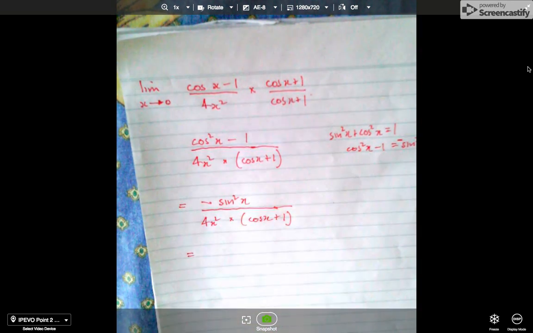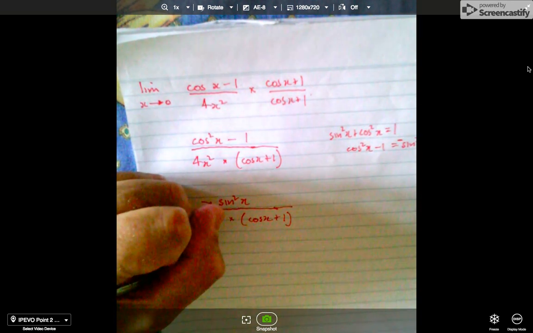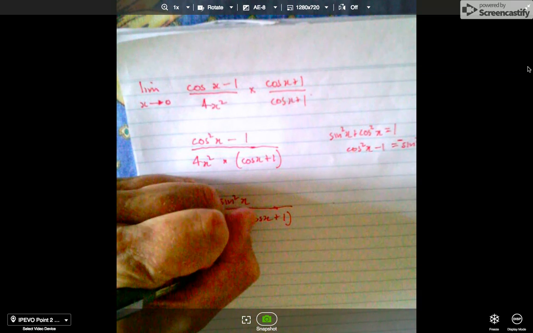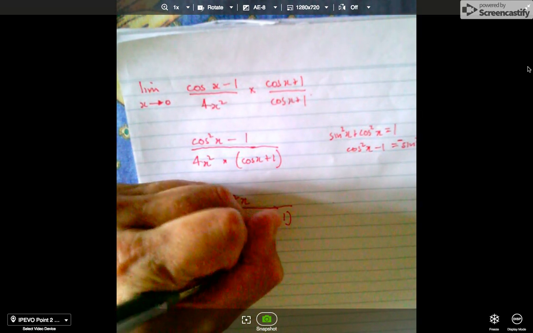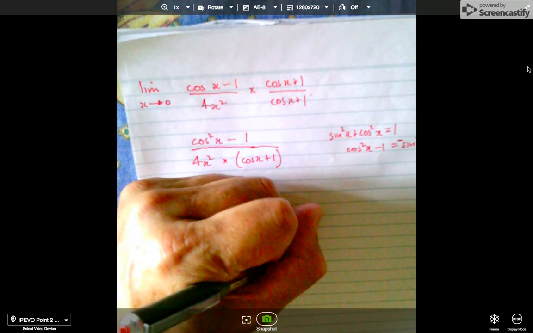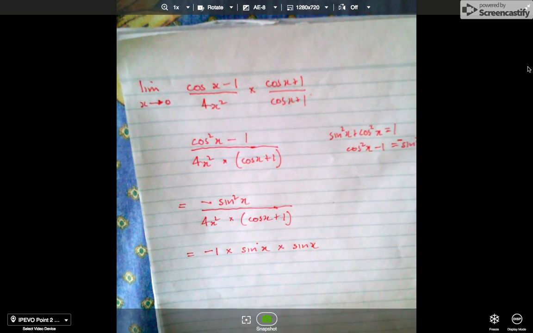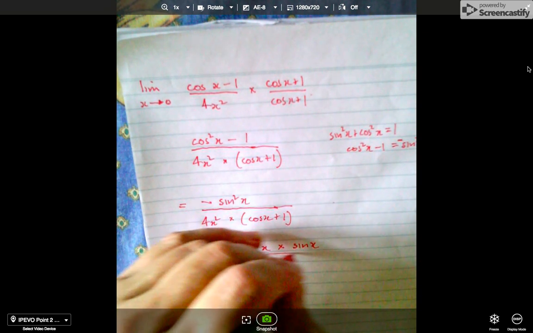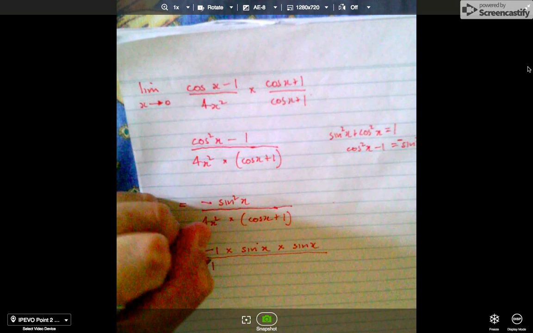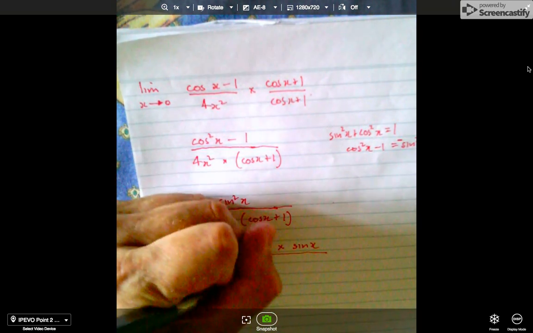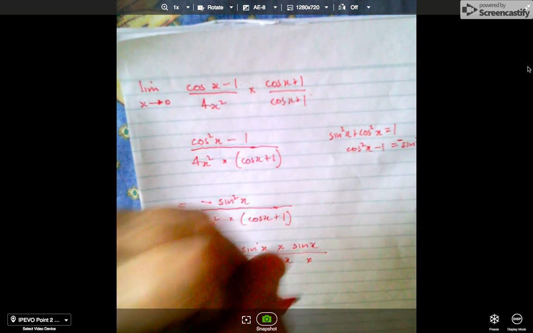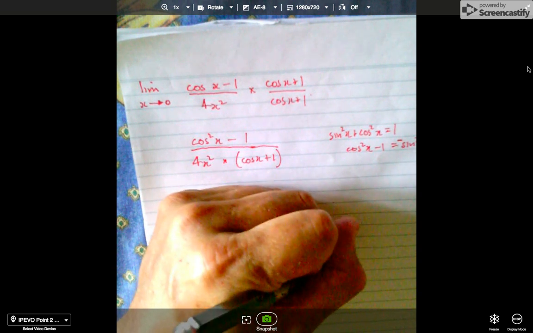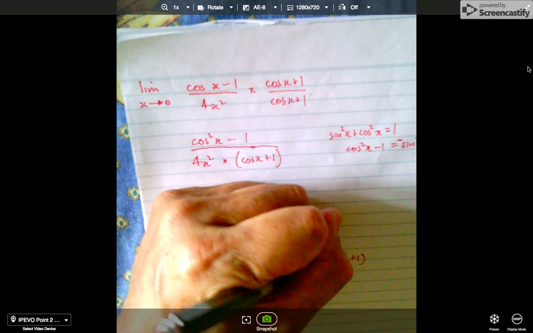So let's expand all of this a little bit. Up the top, we're going to have minus 1 times sine x times another sine x, and hopefully it'll become obvious why I'm doing this. And the bottom's going to become 4 times x times x times (cos x plus 1).